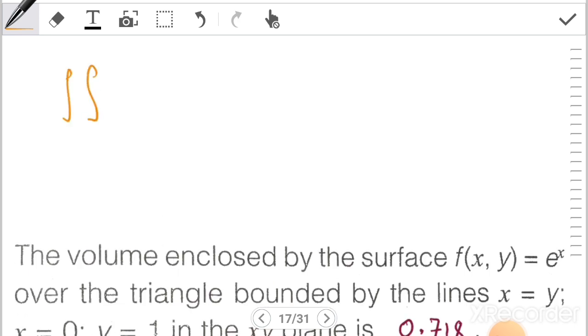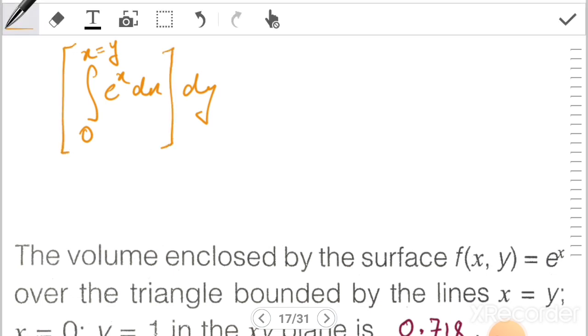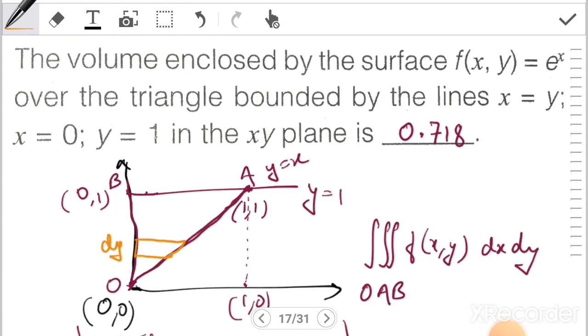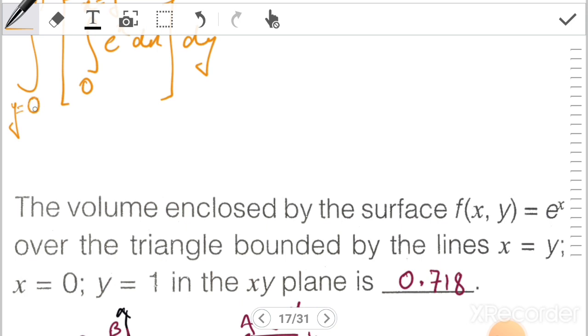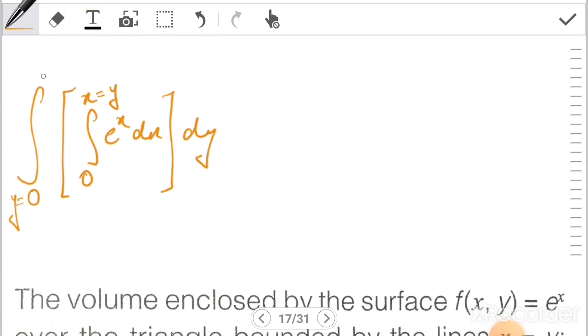So you can write this as e^x dx dy, x varies from 0 to x is equal to y, and y varies from 0 to 1.